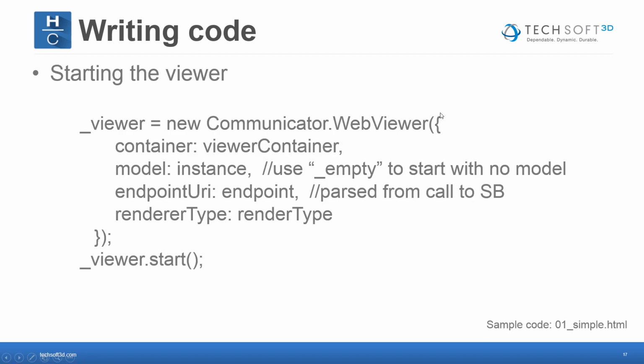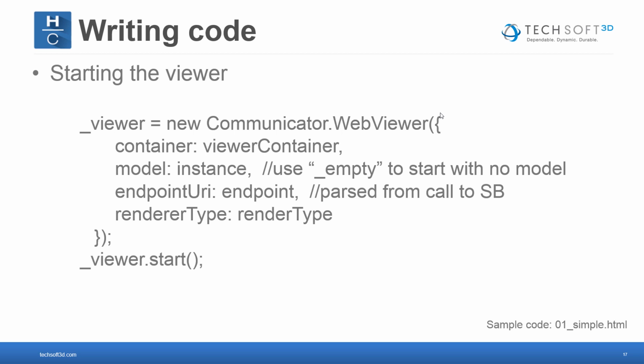Okay, so this again just shows us how we would start our viewer. We make a new WebViewer object. Container is our viewer container, which is a div element that we created in our page. The model name, we can also use empty to start with an empty model, or you can just omit it, and it will also start an empty model.